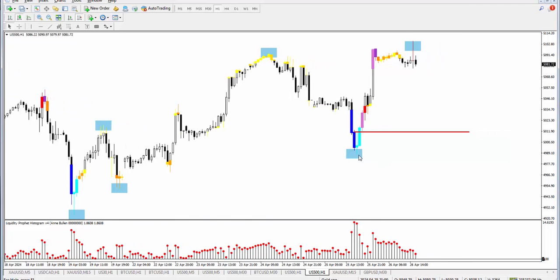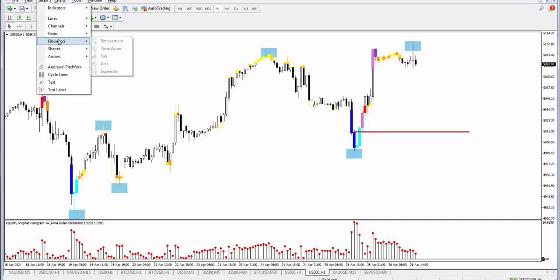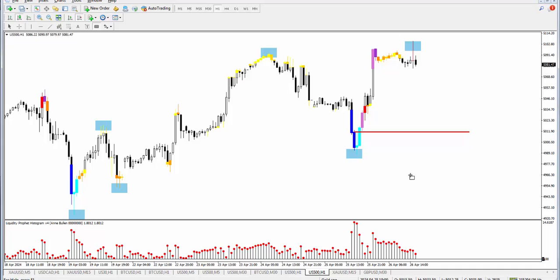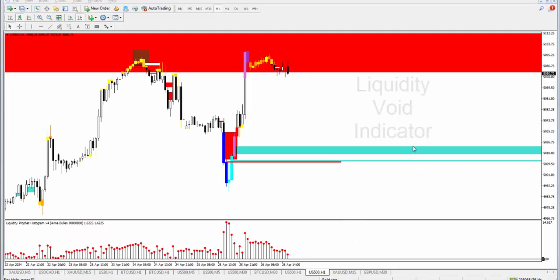We're going to go in a little bit deeper into this level, and we're going to look for a liquidity void, because if you've got a liquidity void just above an area where there has previously been buyers, that's usually a pretty strong level. So we're going to have a look into this chart and see if we see a liquidity void.